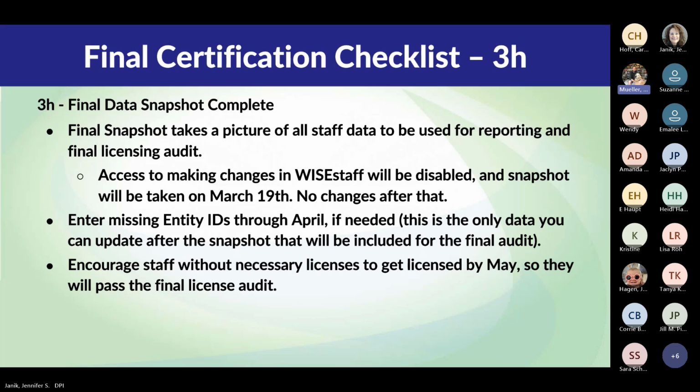During that time, we take the snapshot of all of the staff data for the year, which is then used for the final licensing audit and for generation and publication of staff reports. One thing you'll still be able to do after WISEstaff data is locked is to enter entity IDs into WISE-ID that may still be missing. You'll be able to add entity IDs into WISE-ID through April.